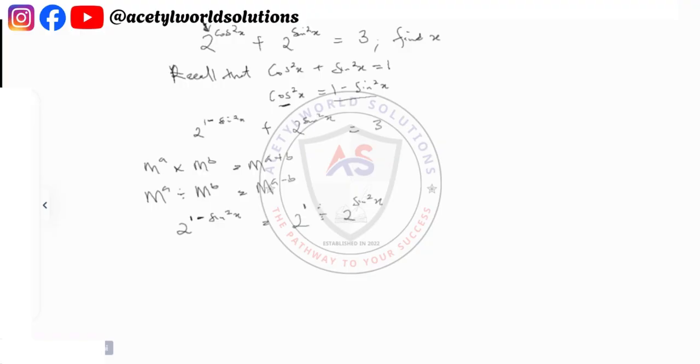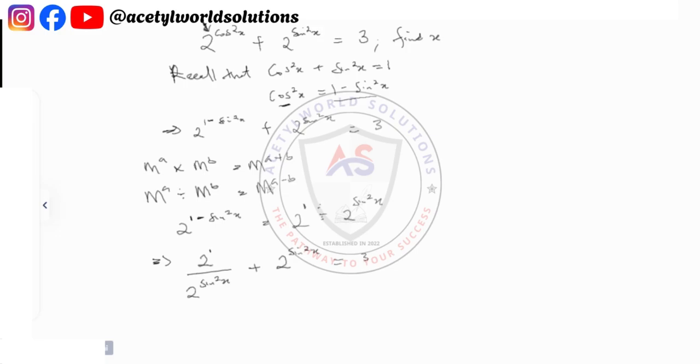It means if you write this equation here, you'll be having 2 raised to power 1 divided by 2 raised to power sin square x, then plus 2 raised to power sin square x equals 3.